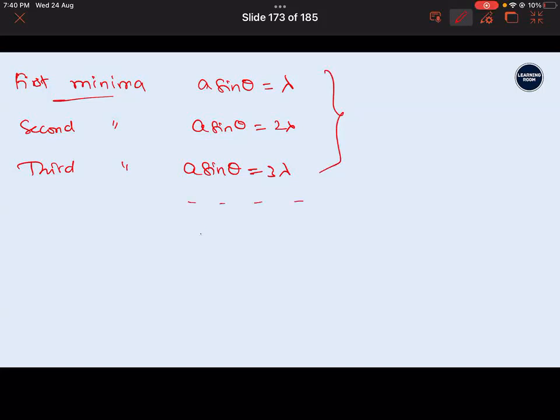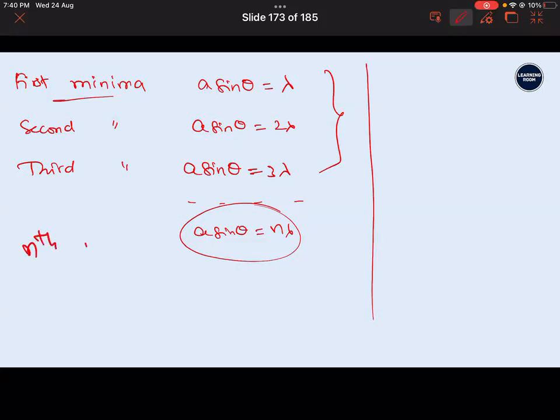So what will be the last part? a sine theta is equal to n lambda. If you observe, is it not exactly looking like the reverse of constructive interference? It is looking like that because you have the product of a and sine theta. So a sine theta is equal to n lambda is the condition for nth minimum.